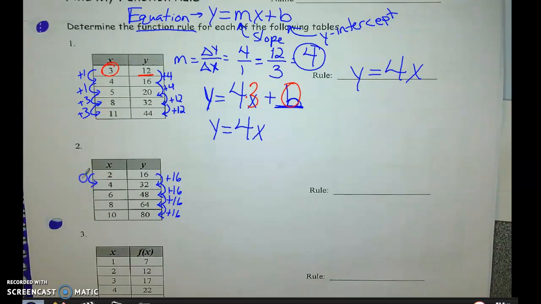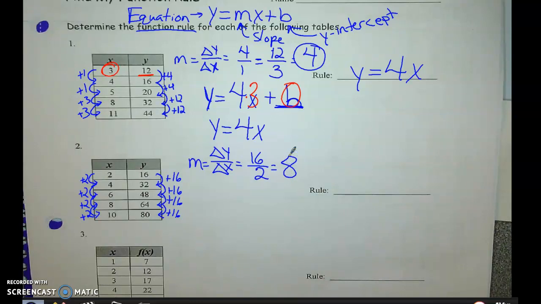Change in x, plus 2, plus 2, plus 2, plus 2. So m equals change in y over change in x. So that means 16 over 2, which simplifies to be 8.